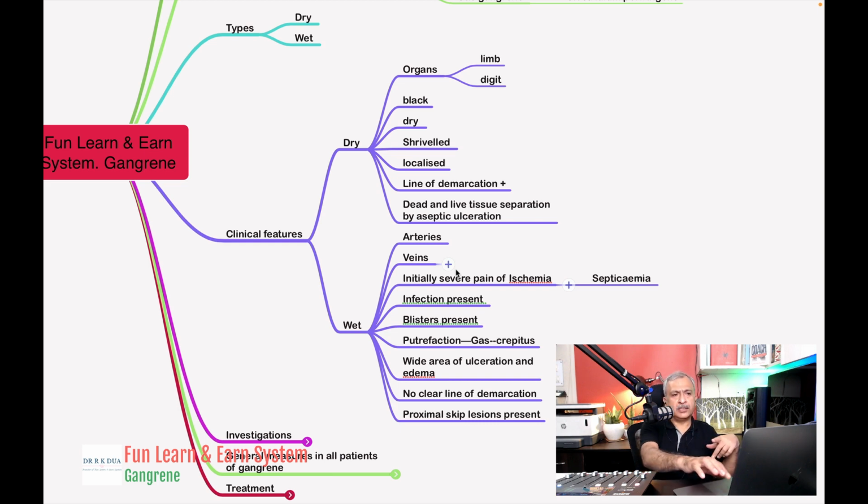So initially there is severe pain of ischemia. As we know, any part where there is less supply causes ischemia, and that ischemia will cause severe pain, as in case of your cardiac problem also. So that heart attack will cause myocardial infarction.